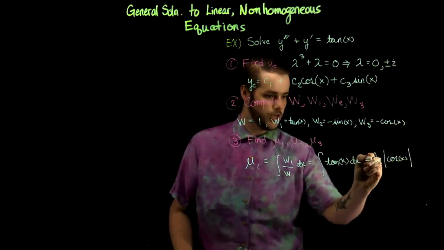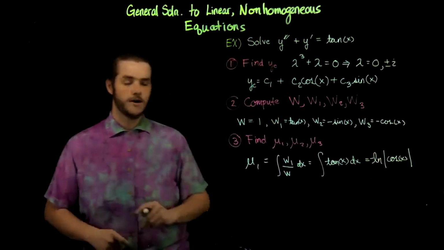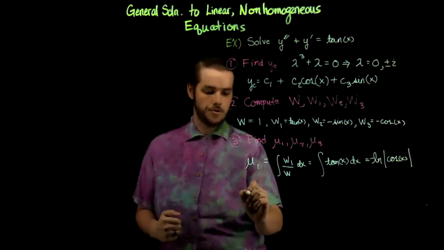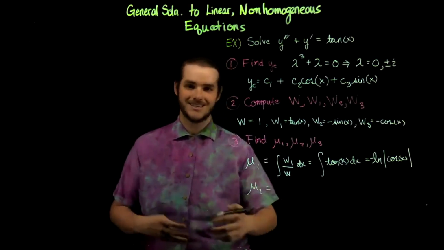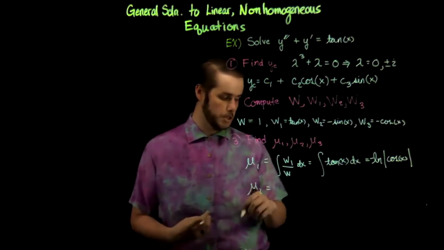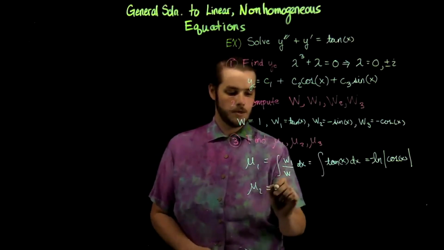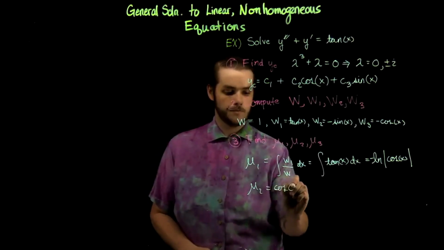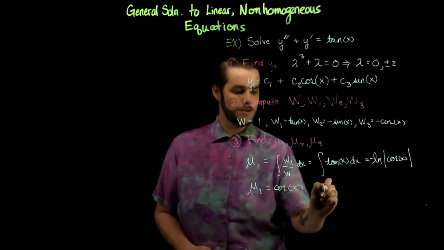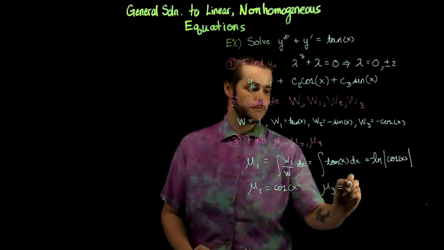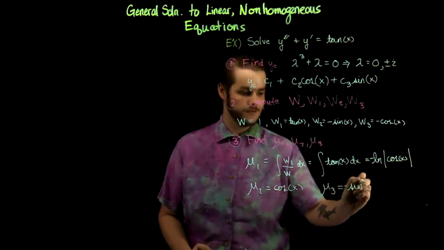And I think I should have a negative on there. Yeah, or natural log of secant, whichever you prefer. Mu2, similarly, is the antiderivative of W2 over W, or the antiderivative of negative sine, which is cosine. And then mu3 is the antiderivative of negative cosine, which is negative sine, excuse me.